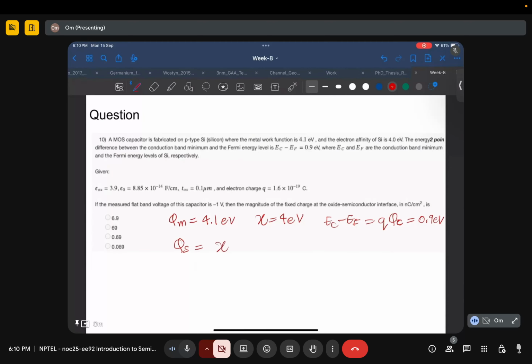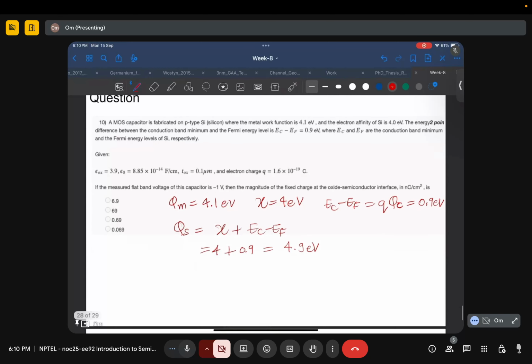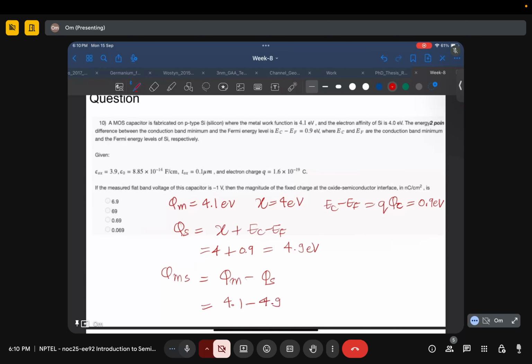Phi s will be chi plus EC minus EF, or chi plus phi C, which will be 4 plus 0.9, which is 4.9 electron volts. So phi ms will be phi m minus phi s, which is 4.1 minus 4.9, which is minus 0.8 electron volts.